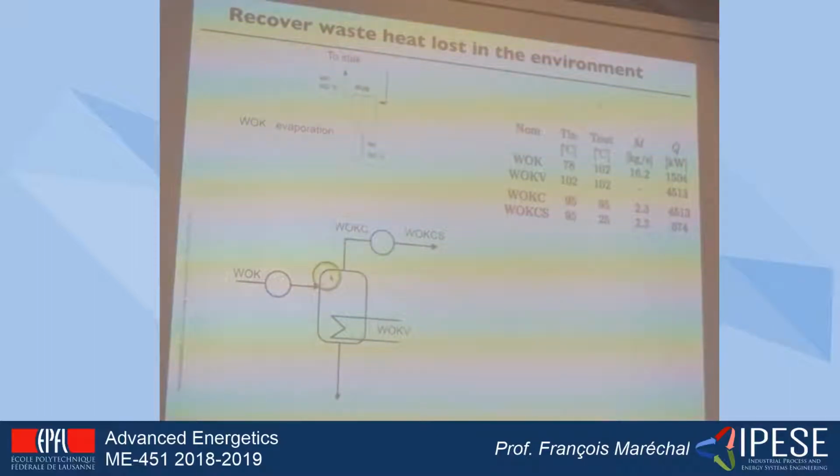I will need to supply the heat for doing the evaporation at the temperature of the evaporation. And I will have the opportunity of cooling down the gas that is today vented, but that can be cooled down at the pressure and the temperature it is produced, and go back to what? Environment. So it means that I have to cool it down to 25 degrees C.